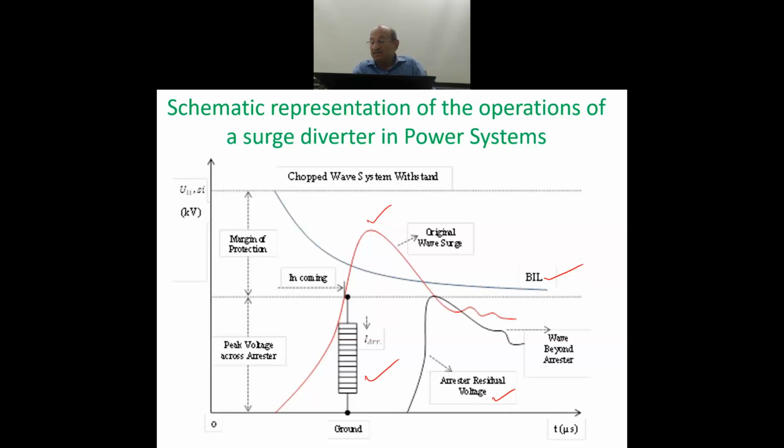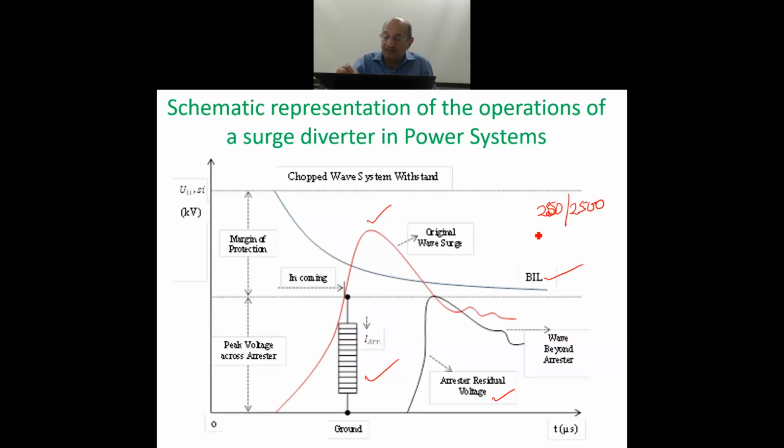I did not, I think, give you the exact form of the switching overvoltage. Switching overvoltage varies, unlike lightning. Lightning is very fast. One of the standard switching wave shapes is 250 by 2500.